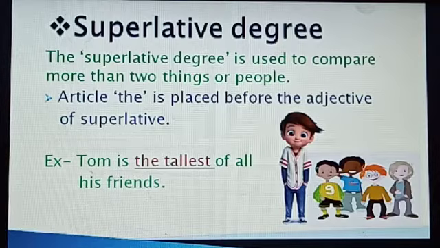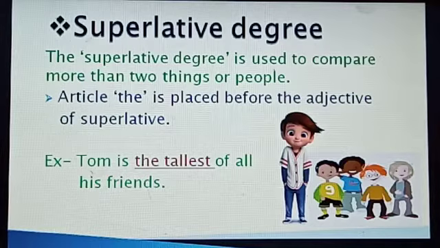Here, the tallest is the superlative degree and we placed "the" before it. And here we are comparing Tom's tallness to all his friends. The tallest is the superlative degree of comparison here. We use the superlative degree to compare one person, animal or thing with more than two persons, animals or things.